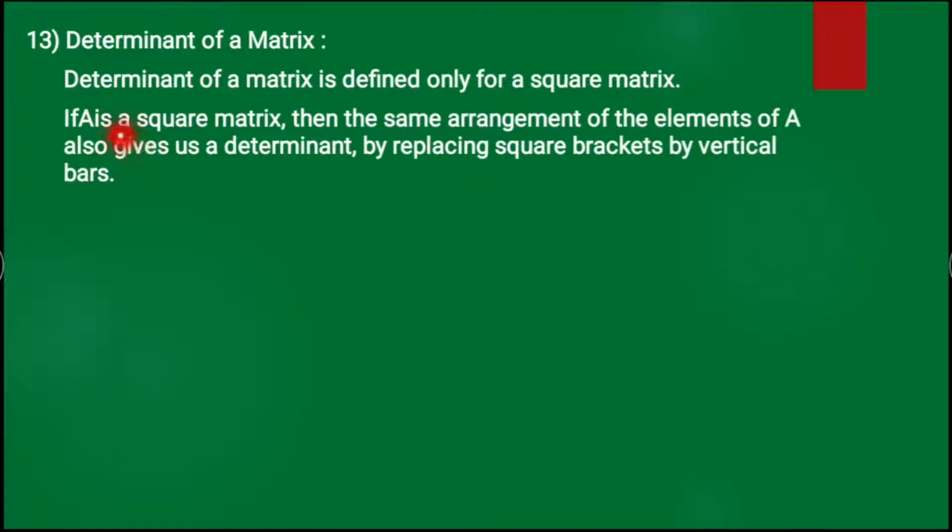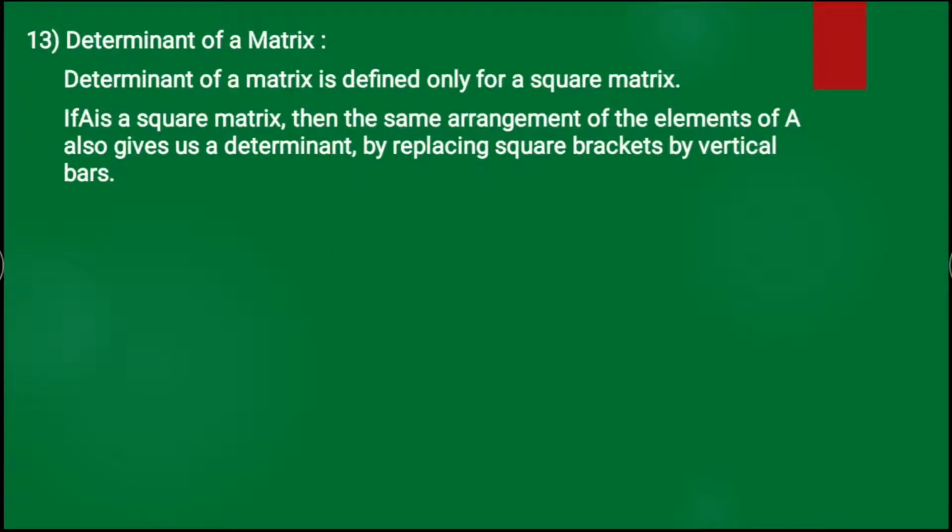See here, if A is a square matrix, then the same arrangement of elements of A also gives us a determinant by replacing square brackets by vertical bars. So in the definition of a determinant, we define an arrangement of numbers in the form of rows and columns in vertical bars.